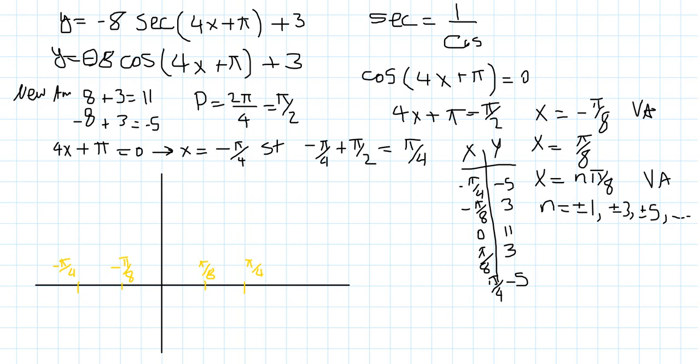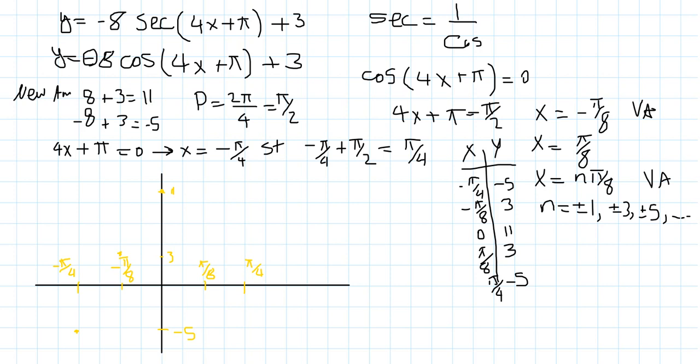Minus pi over 4 and minus 5. Suppose that 3 is here and 11 is here. Minus pi over 4 and minus 5, it is here. Minus pi over 8 and 3, this is here. 0 and 11, this is here.